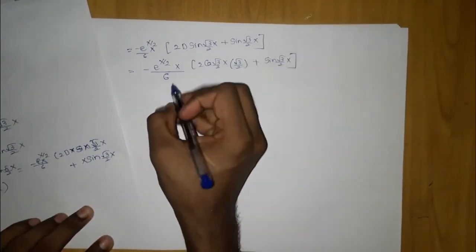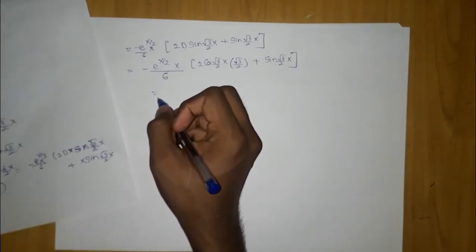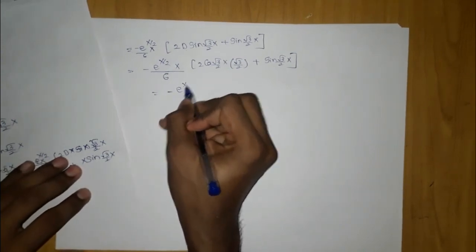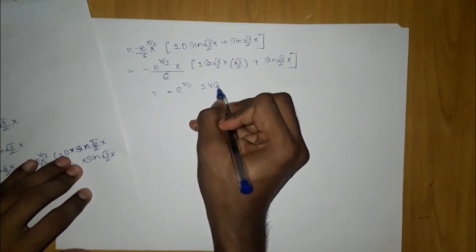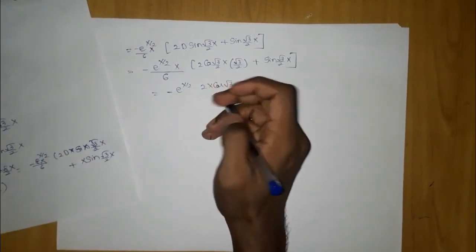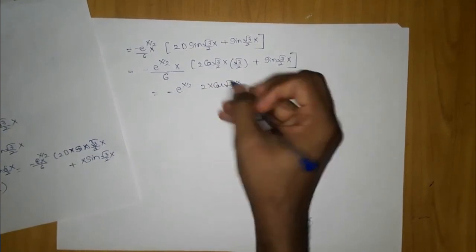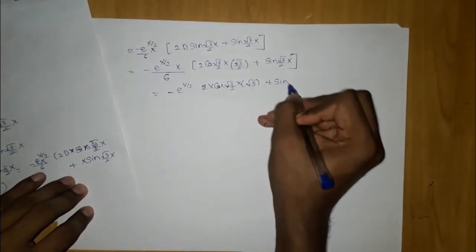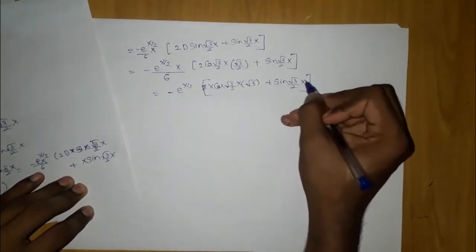After this, what you can see, 2 will get cancelled out, and what we are getting is nothing but minus e to the power x by 2. Here it will be 2x cos root 3 by 2x, 2 will get cancelled out, root 3 will be there also, into sine root 3 by 2x into x again.